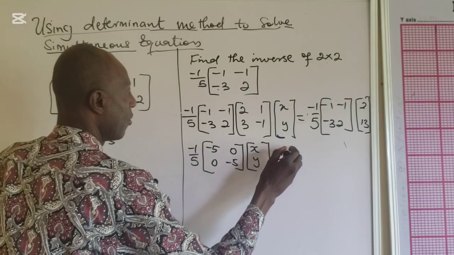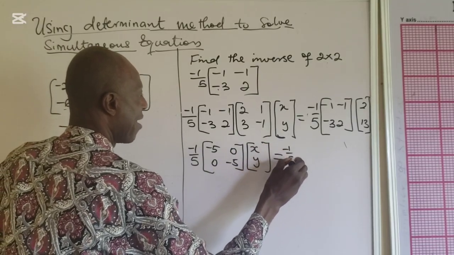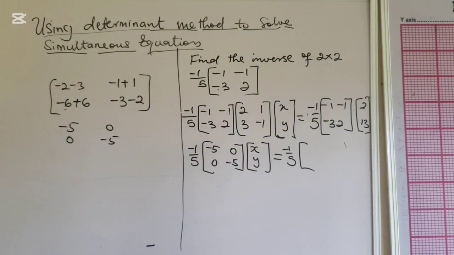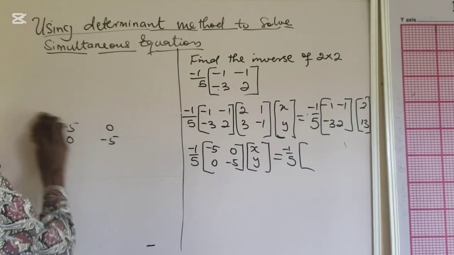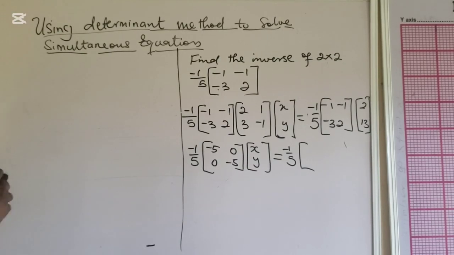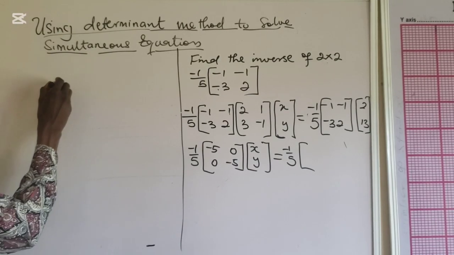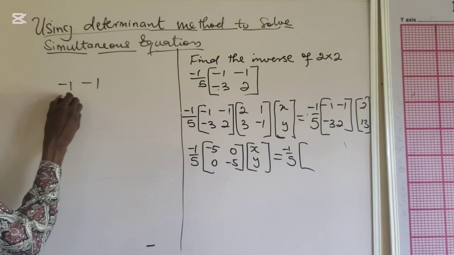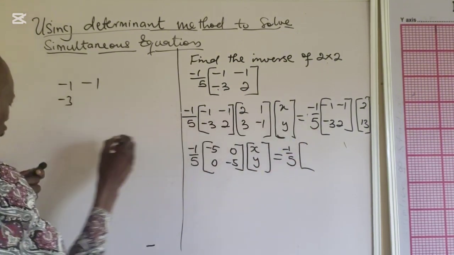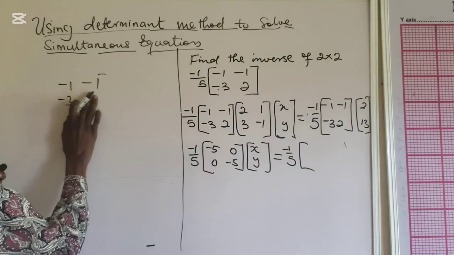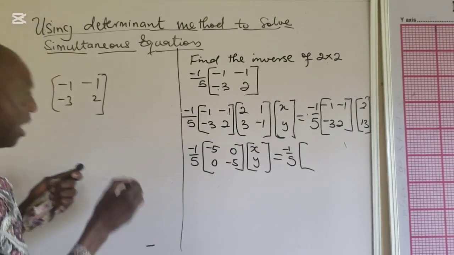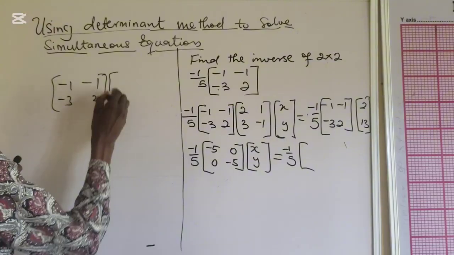Here is equal to minus 1/5 into. We're going to use the same multiplication of matrices again to multiply the other side, which simply means minus 1, minus 1, minus 3, 2 is multiplying 2 and 13.